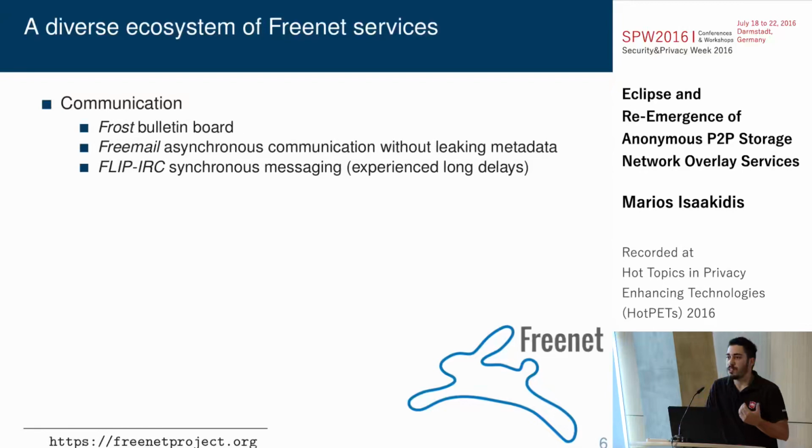So if I wanted other people to find out about what I have published, I could make a post in the Frost bulletin board. Freemail is an email-like service that doesn't leak metadata. And the Flip IRC is an experiment with synchronous messaging. However, it experienced very long delays, and it suggested that synchronous messaging doesn't fit the concept of caching networks very well.